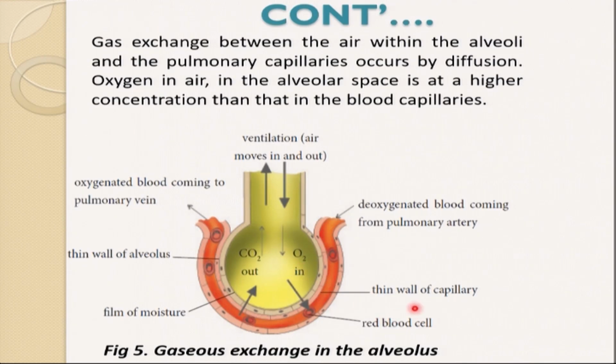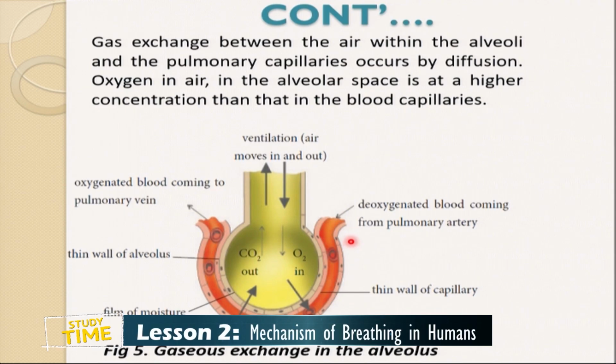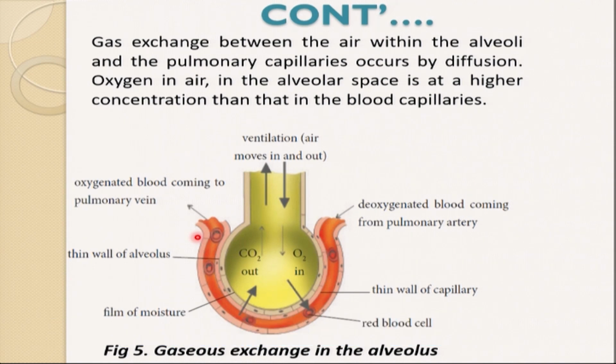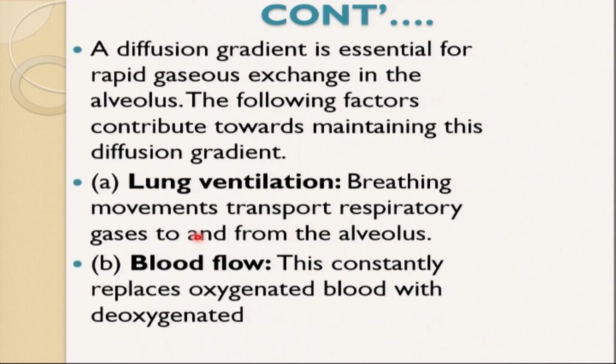These are red blood cells, and these are the thin walls of capillaries. The deoxygenated blood is moving from that end. Let me put it in terms of quantification. Let us say it goes from 10, and when it reaches here it is up to maybe 80. Now the blood is full with oxygen. That is gaseous exchange in the alveolar sac.